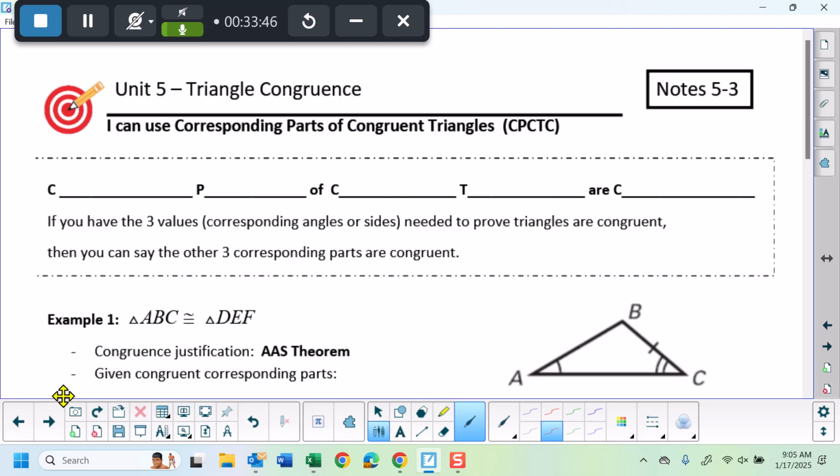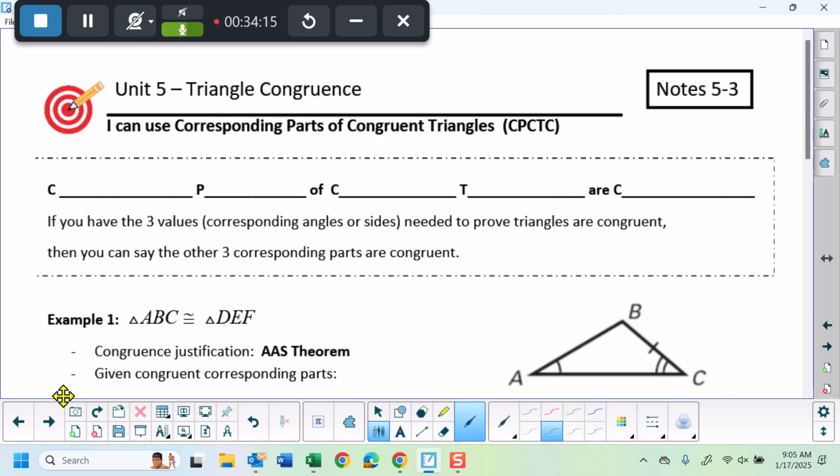This is why. If I can prove that the triangles are congruent, do you remember I said Euclid cut our work in half? We used to need 3 sides and 3 angles. And then he's like, no, you can do that with just 3 parts. Either just 3 sides, or 2 sides and an included angle, or 2 angles and a side, or the hypotenuse leg.